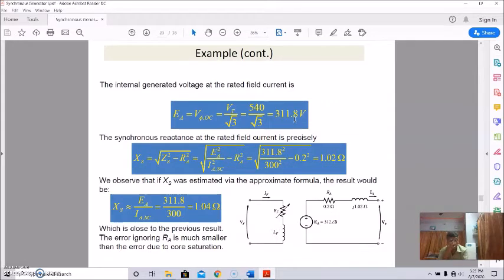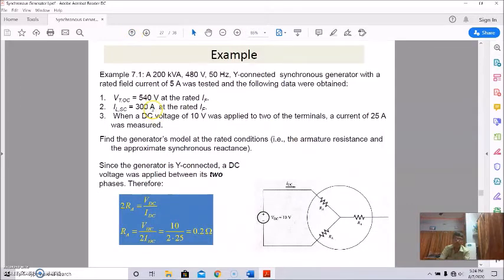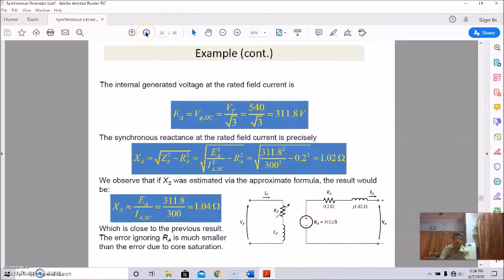The synchronous reactance at the rated field current is precisely XS equal to root over of ZS square minus RA square, that is EA by ISC the whole square minus RA square. That is 311.8 by 300, the whole square, where 300 is the short circuit current given here, minus RA square. So it comes to 1.02 ohm.